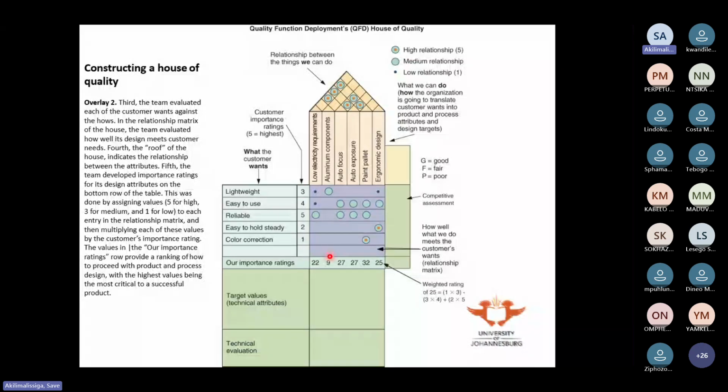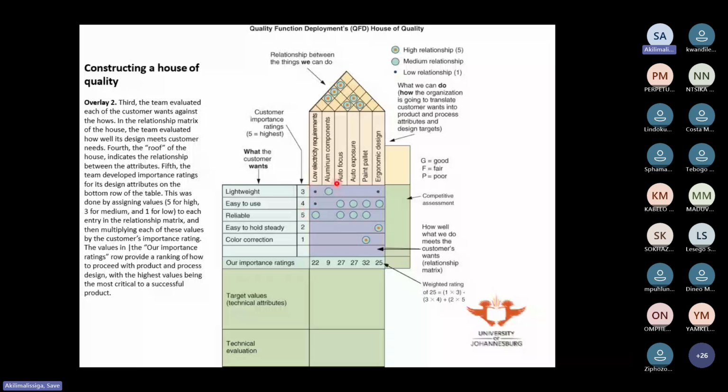Okay, let's double check 27 here. 27 here is in the column of autofocus. So here you don't have a symbol there, so we leave that one.